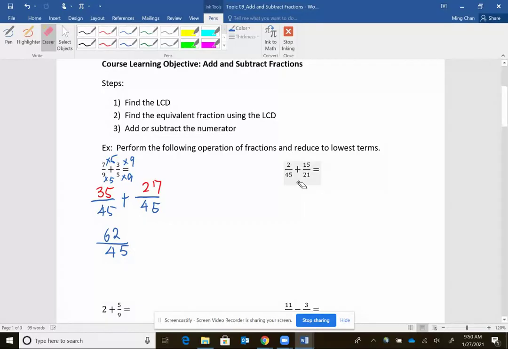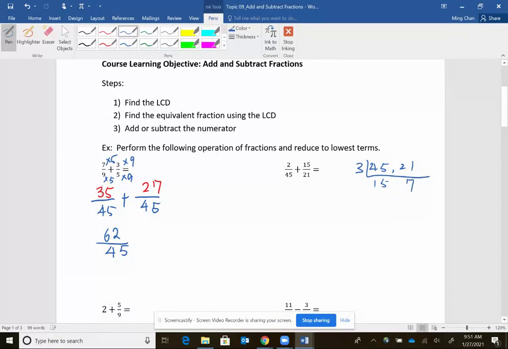All right, let's try this one on the right. 45 and 21. I have no idea what the LCD is, so I'm going to put it right here on the side and work it out. Like I said earlier, with 45, I know 3 can go into 45, right? So I'm going to try with 3. 3 goes into 4 one time. If you subtract, that's 15. So 3 goes into 15 five times. 3 goes into 21 seven times.